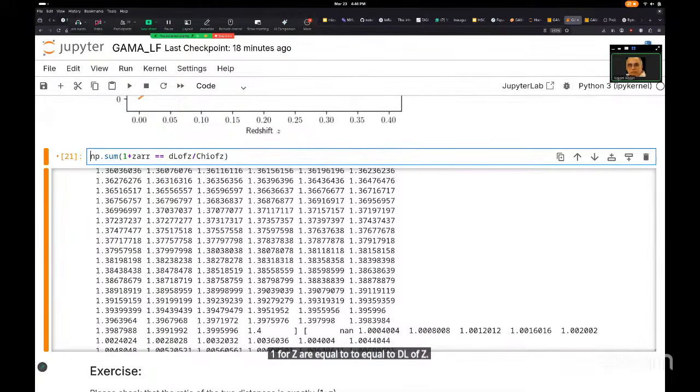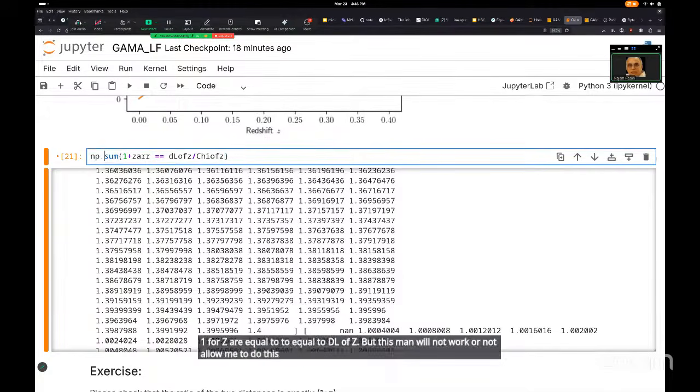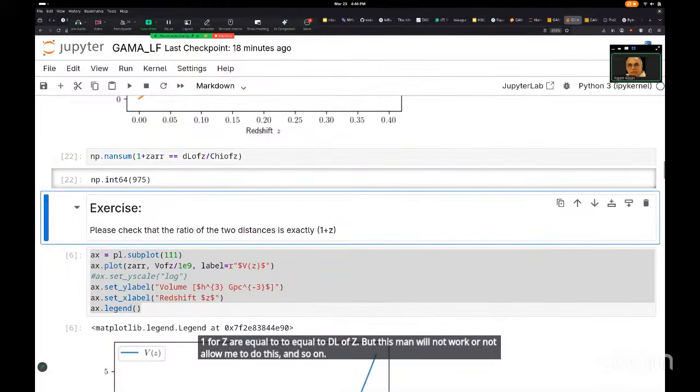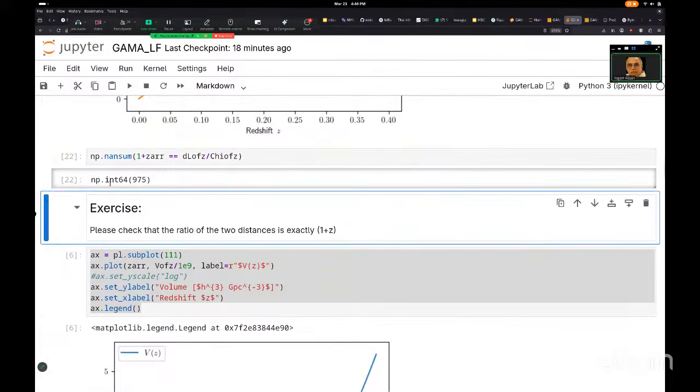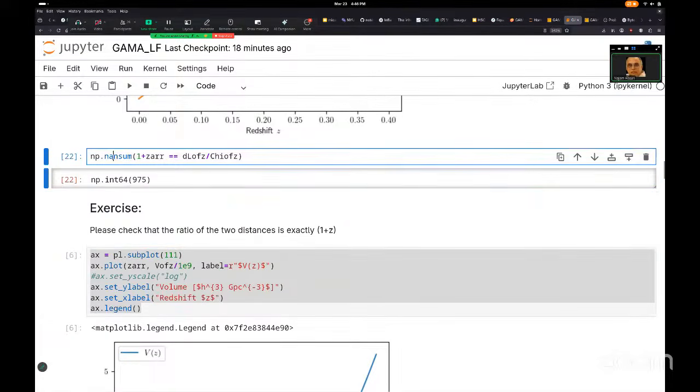But this NaN will not work. I'm not allowed to do this. Does nansum work? No. Well, let's plot it.